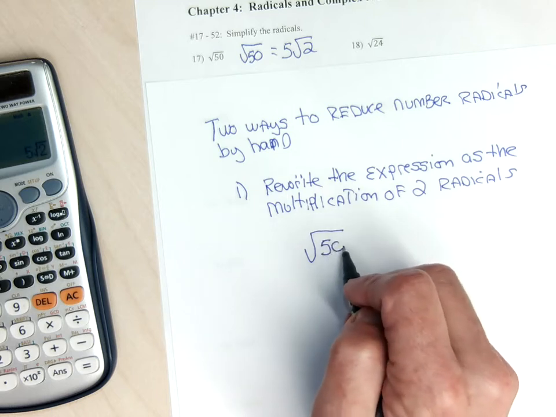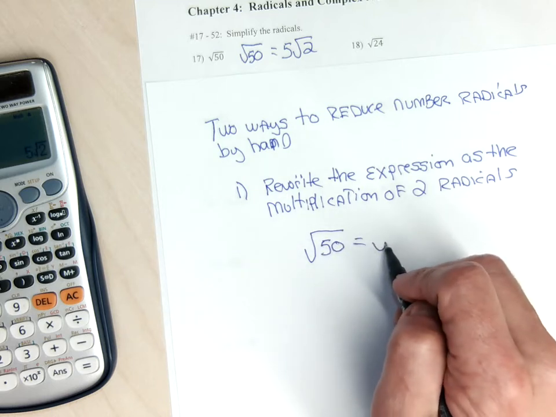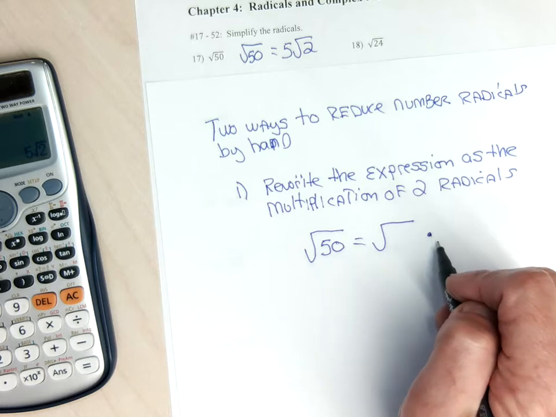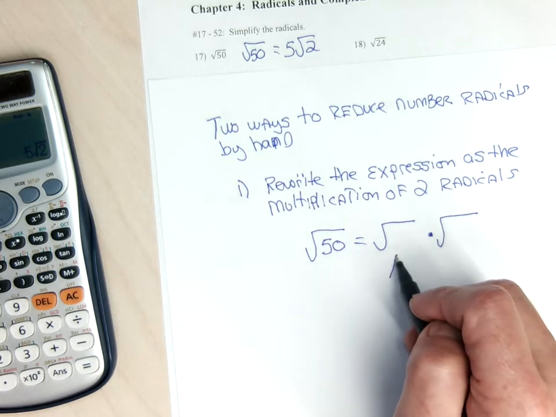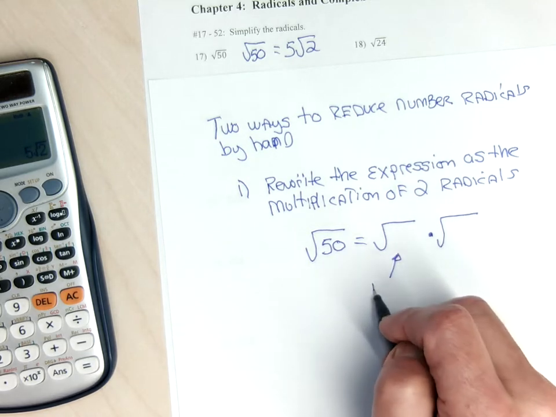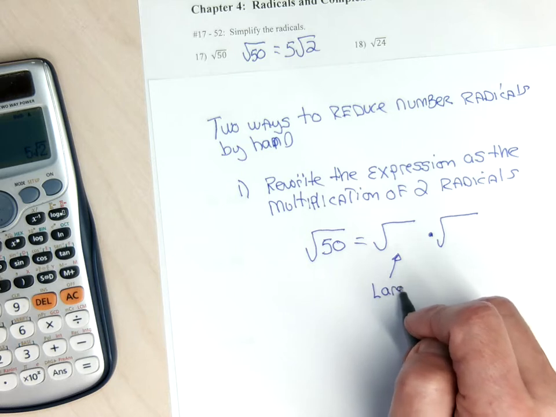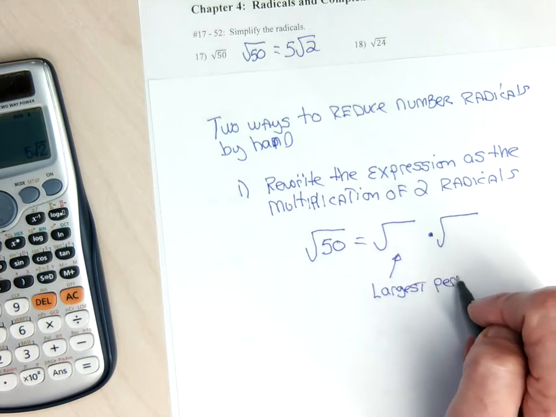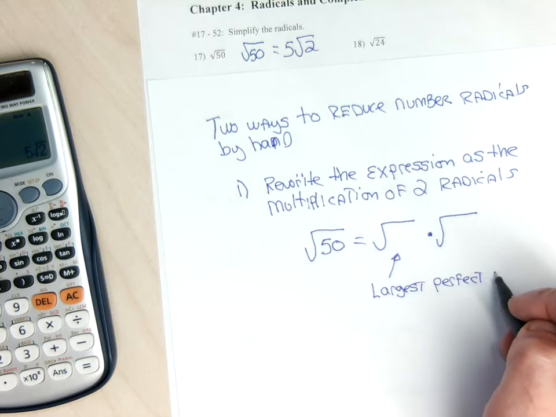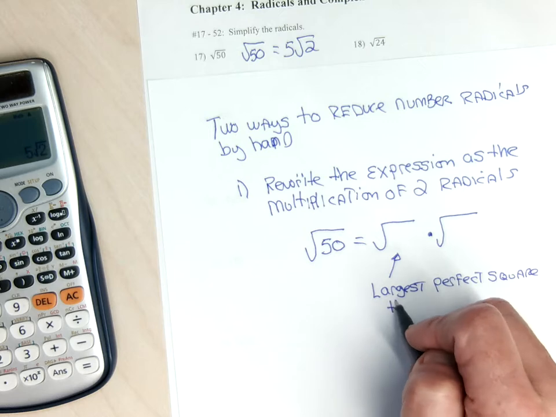So if I wanted to reduce the square root of 50, one way to do it is to rewrite it as a multiplication of 2 radicals. The first radical, its radicand, is going to be the largest perfect square that divides evenly into the radicand.